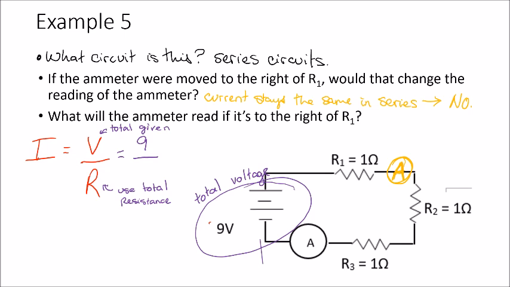We have resistances of 1 and 1 and 1, so our total resistance is 3. 9 divided by 3 is 3, and because we solved for current, this is 3 amps.